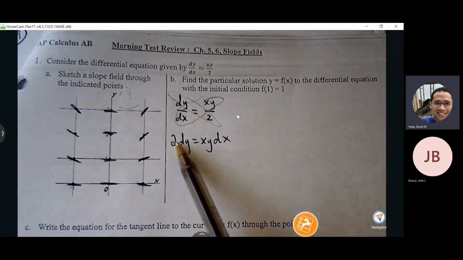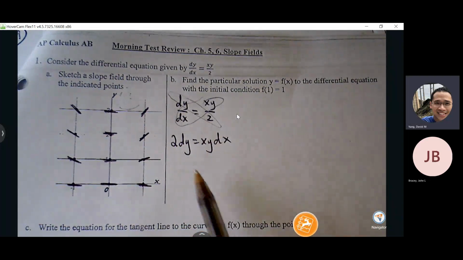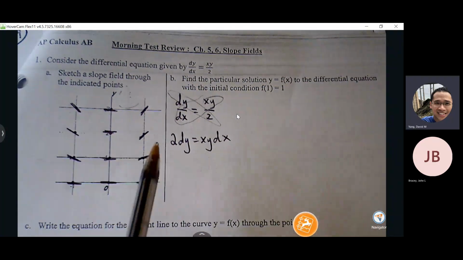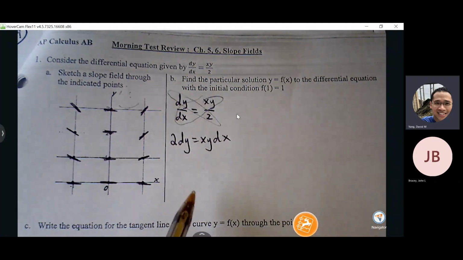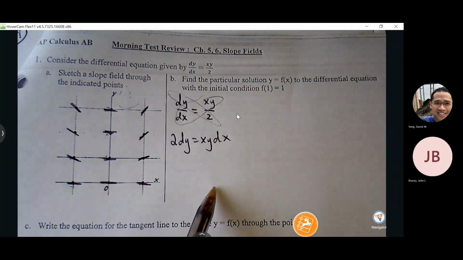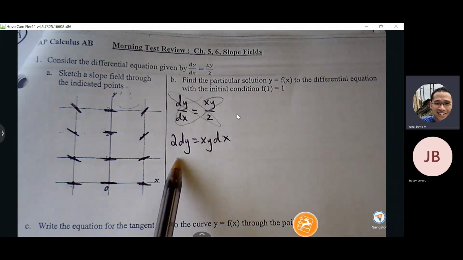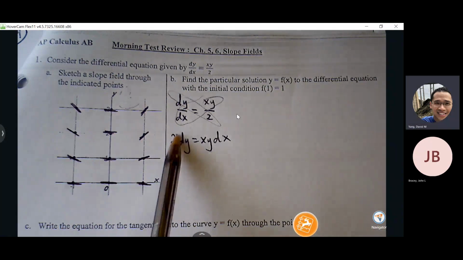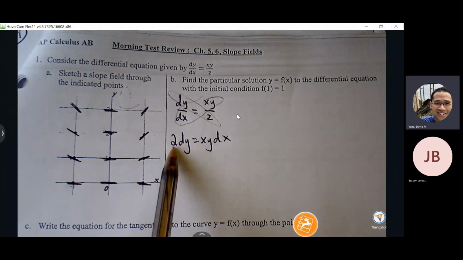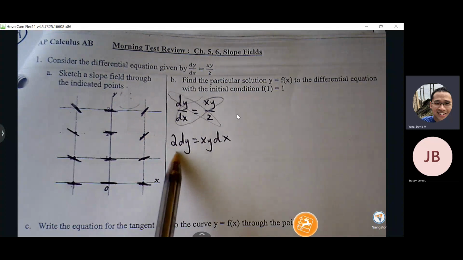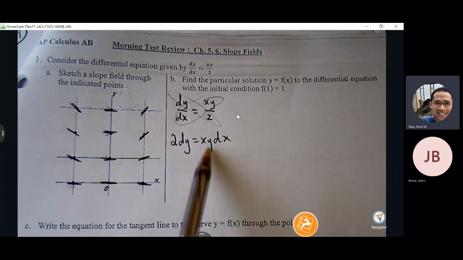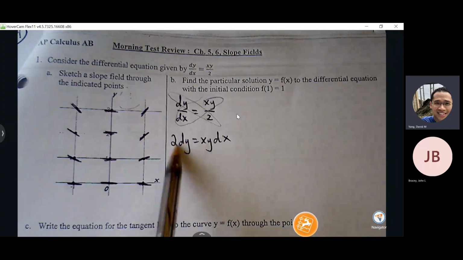So we want y's on the left, x's on the right. But a couple of things are out of place. Can you identify those? Yeah, y needs to be divided. What else? The 2. Now it's not wrong to leave the 2 here, but eventually we have to move it to the right side anyway. So let's go ahead and move it over as well. So we're going to do a double division here. Divide by y to the left and divide by 2 to the right.